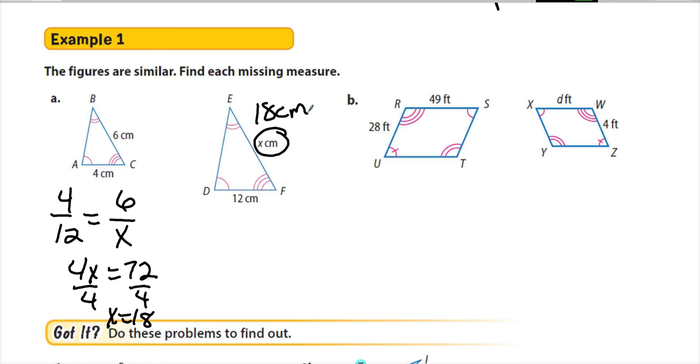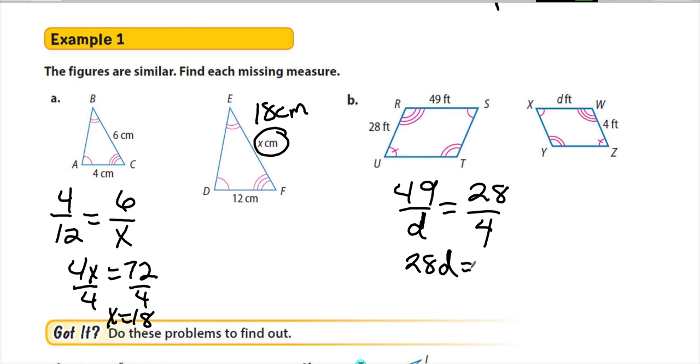So for this one, we're going to do 49 over D. And then, I went left to right, so 28 over 4. That's a D there, sorry. So D times 28 is 28D. 49 times 4, so go ahead and plug that in. 49 times 4 makes 196.